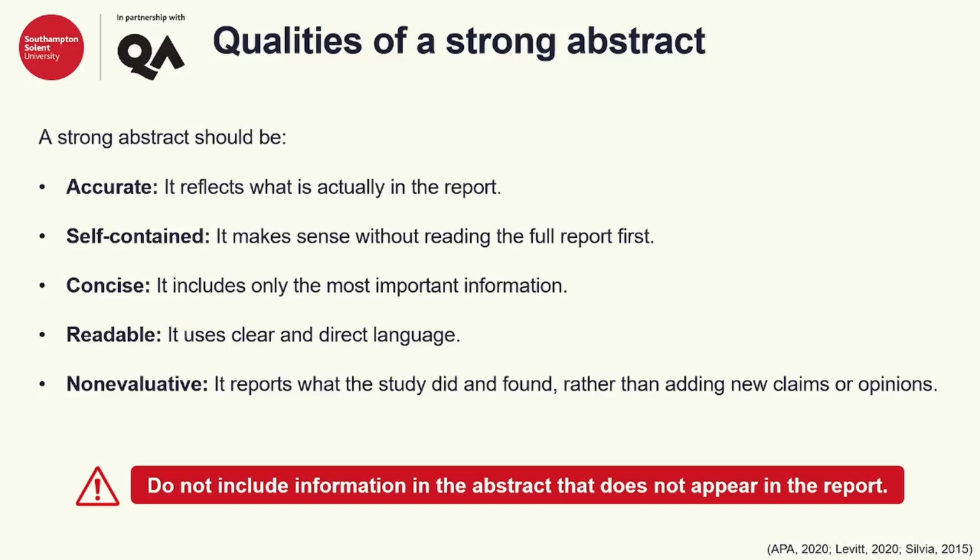Finally, the abstract should be non-evaluative. This means that it should report what the study did and what the study found, rather than introducing new personal opinions or unsupported claims.